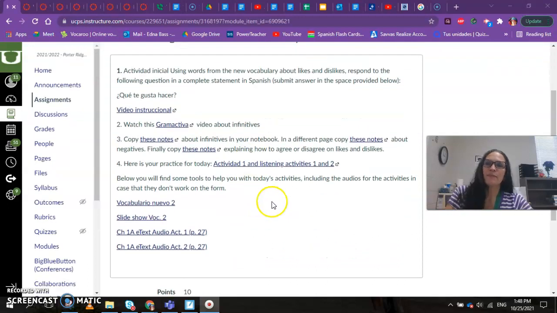Today, for your actividad inicial that you did in your first 5 minutes, you had to use words from the new vocabulary about likes and dislikes, and you had to answer this question in Spanish in a complete sentence using the new vocabulary. So we were practicing last class the new vocabulary, so you should be able to put a sentence with I like and then choose one of the activities that you have there in the list and complete the sentence.